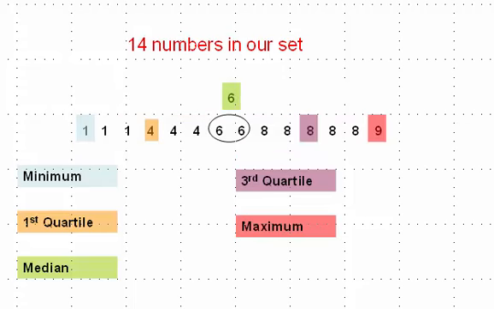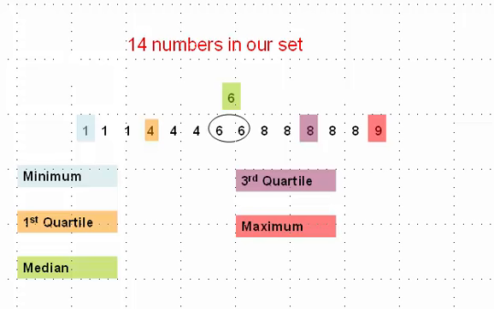Okay, so I hope that explains what the 5-number summary is. There's the minimum, the first quartile, the median, the third quartile, and the maximum. We find the minimum, it's the smallest number in our set when we put them in order, and the maximum is the biggest number. We find the median the same way we always do.